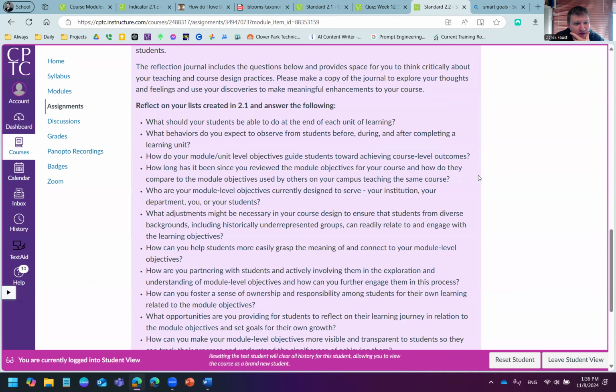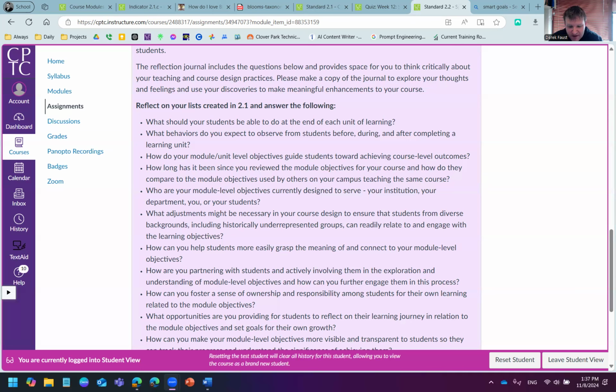The other thing I was going to ask was, those objectives seem like they could be course learning outcomes depending on the focus of the course, but in this instance, it's just part of the course.